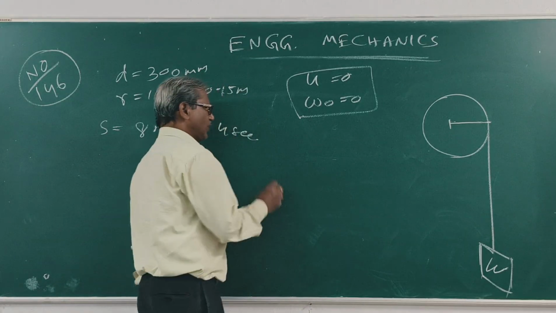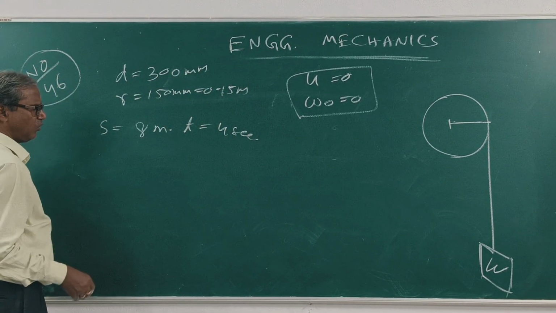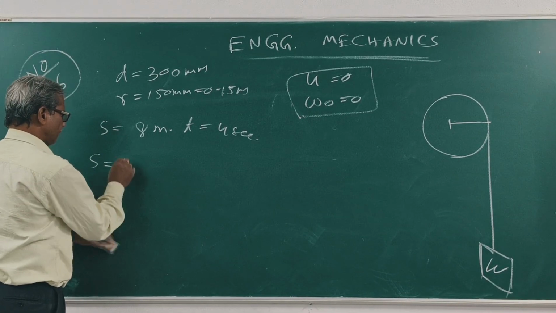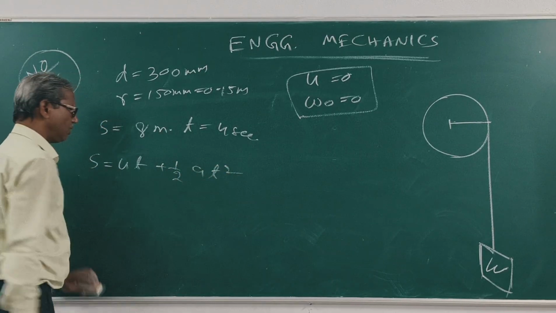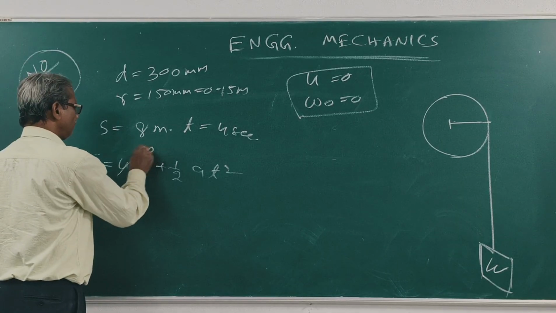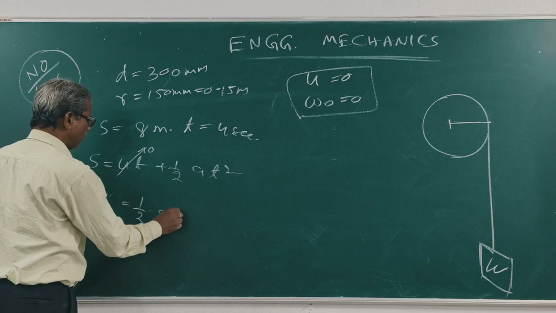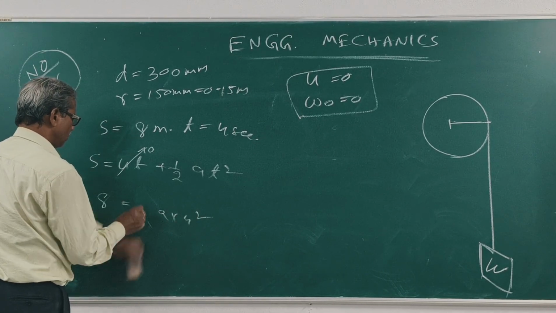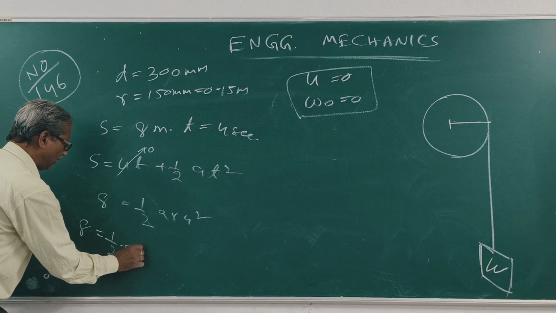Now, what is a equal to? Acceleration of the weight. What is s equal to? s equals ut plus half at square, with u equal to 0. So 8 is equal to half into a into 4 square, so 8 is equal to half into a into 16.